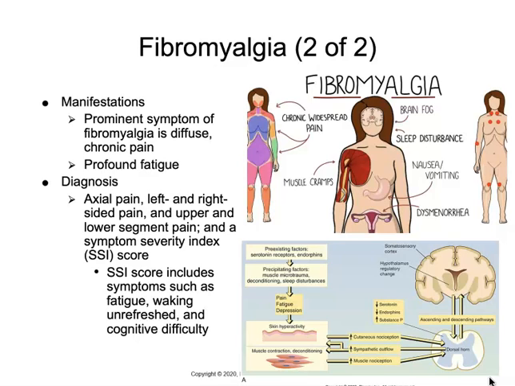Now, to evaluate and treat this, we want to rule out other musculoskeletal conditions, kind of like my physician did with the blood test. But if we do point to fibromyalgia, the best treatment is going to be multimodal.